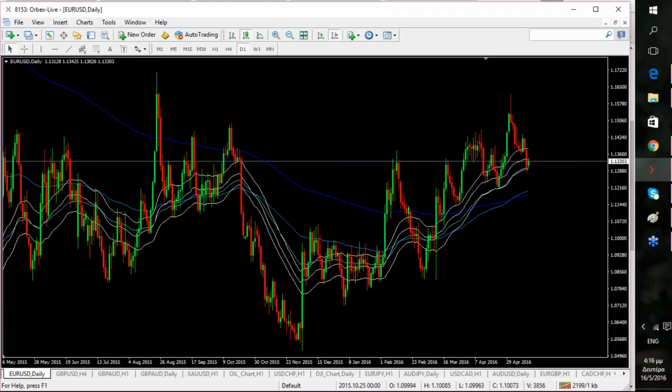Now when you look into the daily chart, things are a little different. Still, it is not clear based on the moving averages. As you can see, they are above, and it's trying to challenge the EMA lines, but the EMA lines are entangling here between the 50 and 100, so they're not really clear to the upside.